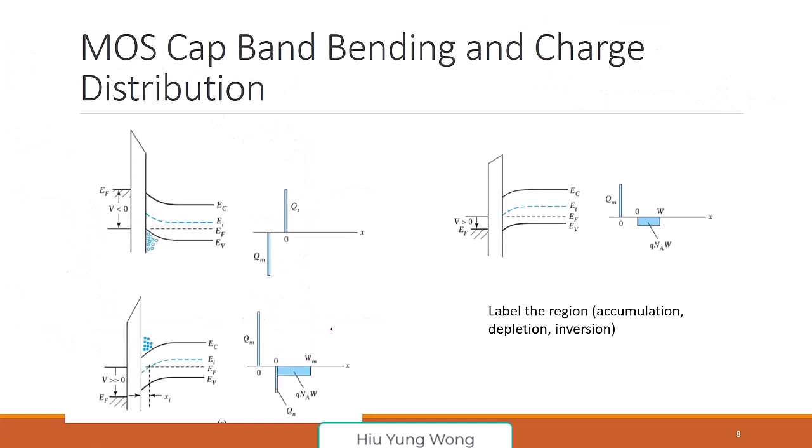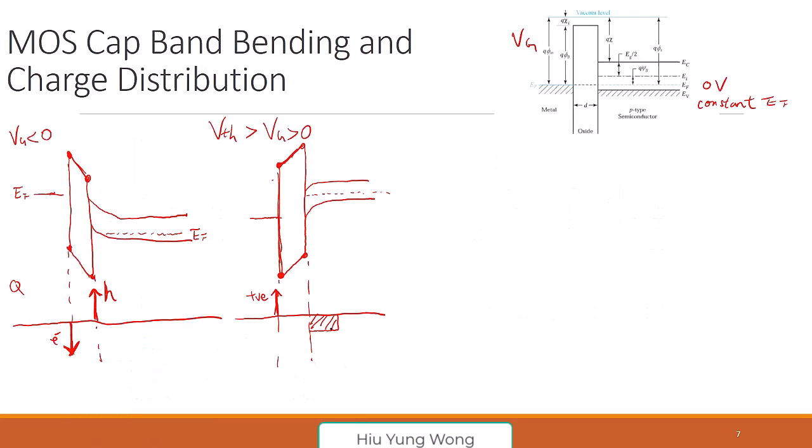What is this? Can someone tell me? What do you call this? Let me go back. When Vg is smaller than 0, we have a lot of holes here.